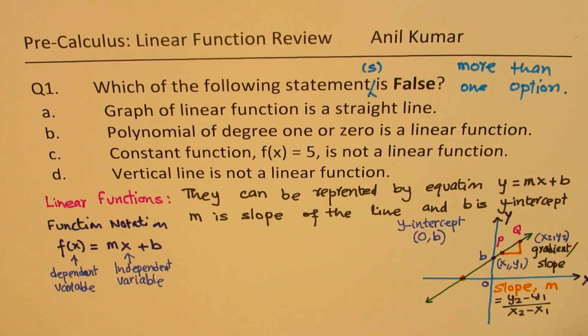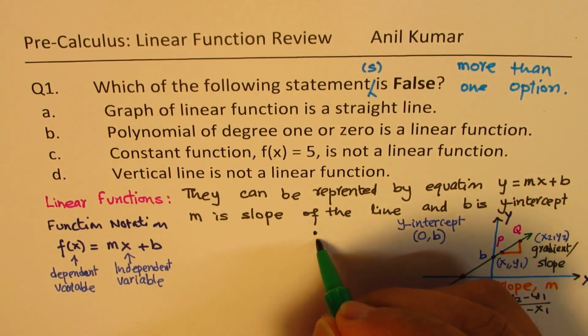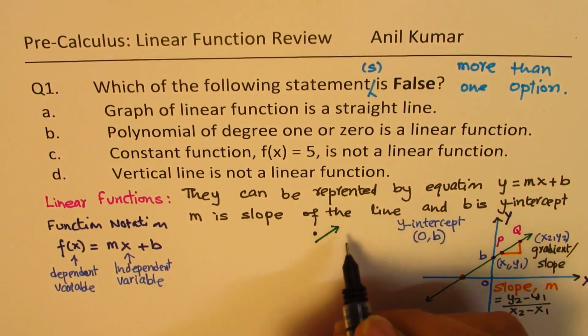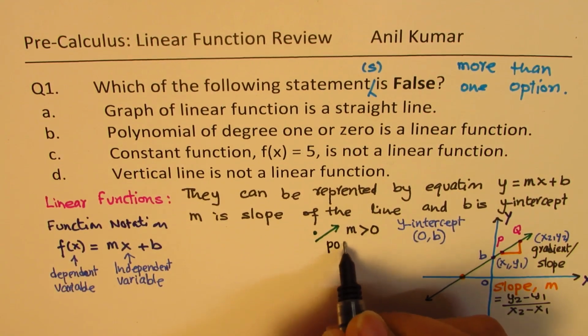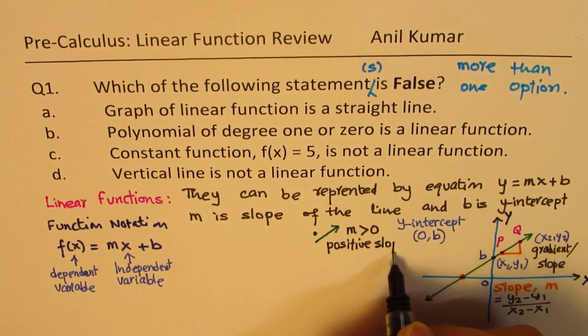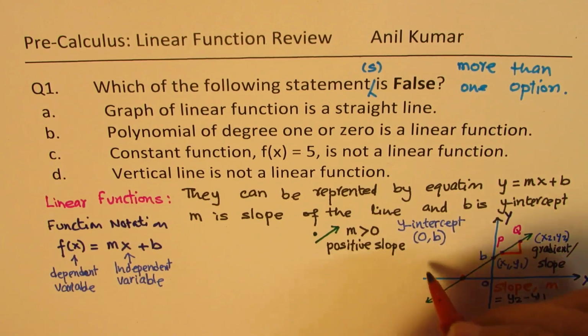Correct? Now if you look into this line which I have drawn, let me write down here, in this particular line which is rising, we have a slope where m is greater than 0. So it's a positive slope. Clear? Now when we talk about positive slope, let's talk about negative slope also.